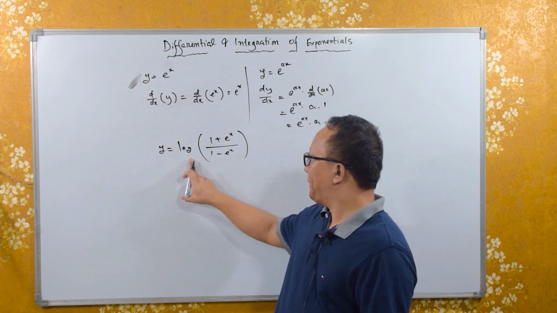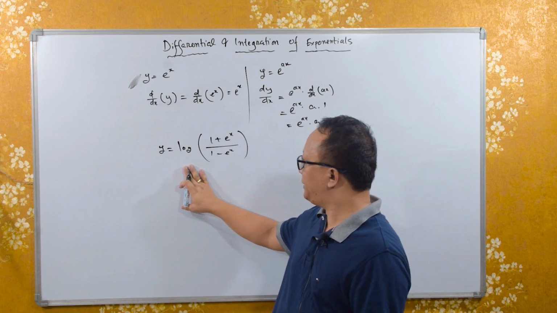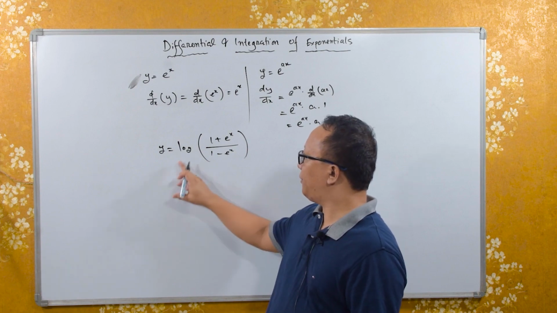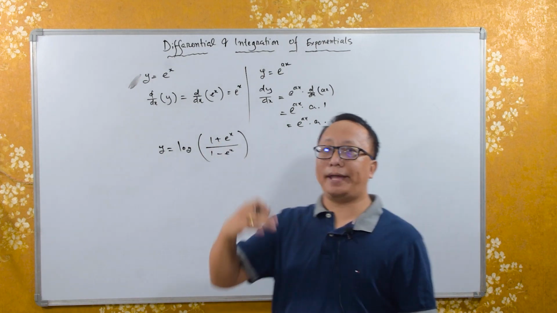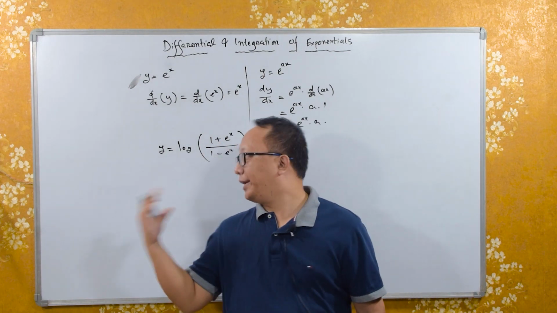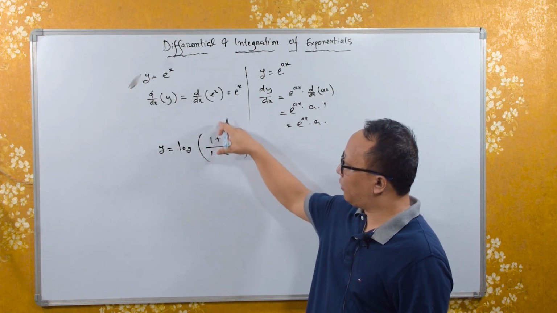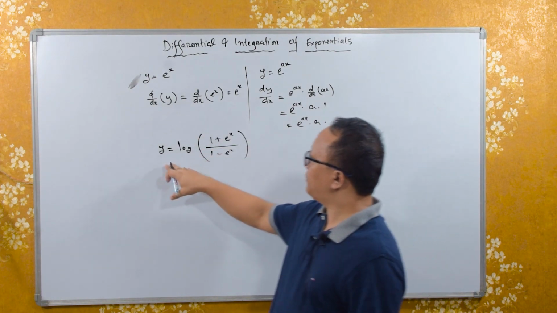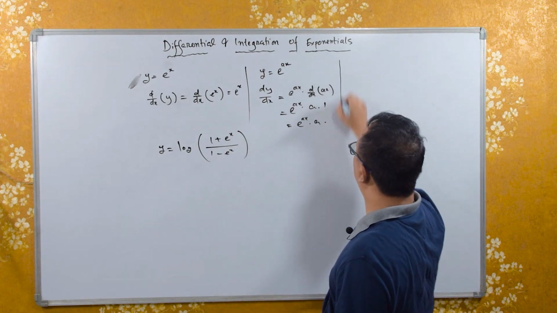Now we can solve it two or three ways. Number one, by using the log property, such as log of m by n is the same as log m minus log n. We can apply that formula, or we can use directly the differentiation of the logarithm.